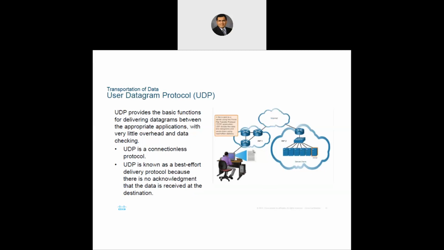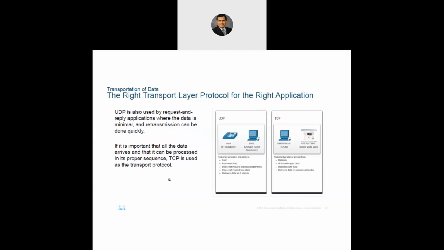UDP, on the other hand, is a connectionless protocol. Okay, it is known as a best effort delivery protocol because there is no acknowledgement associated with it. Okay, UDP is used by request and reply applications where the data is minimal and retransmission can be done quickly.